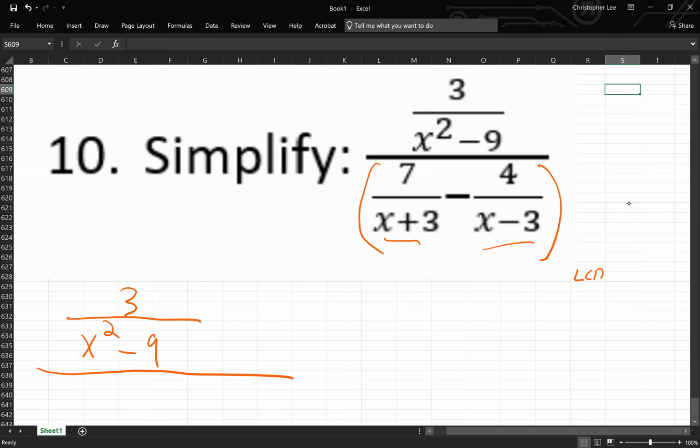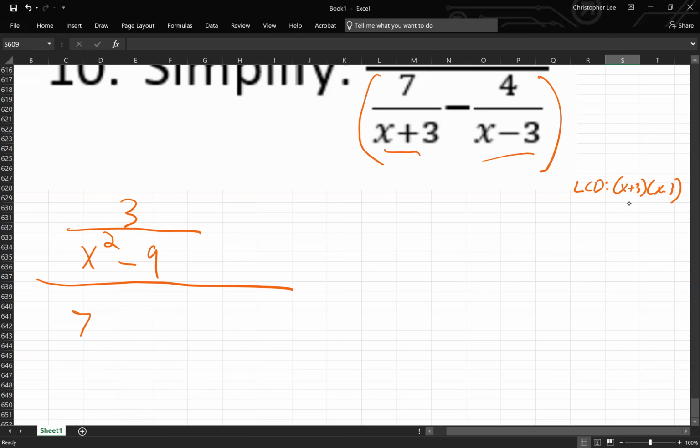So LCD will be x plus 3, x minus 3. All right. So now, in order for me to get them to have the same denominator, this is 7 over x plus 3. I have to multiply that by x minus 3. What I do to the bottom, I do to the top.